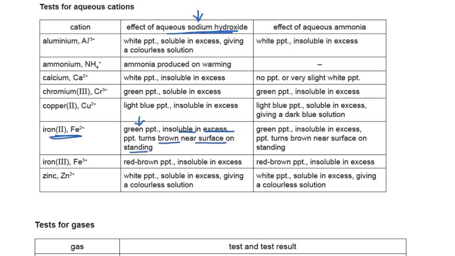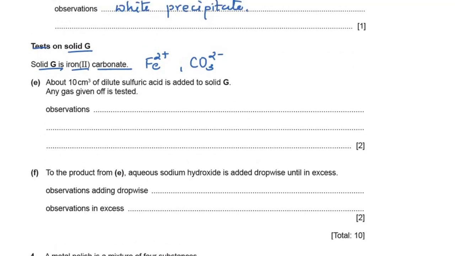And if we add aqueous ammonia to Fe2+, again we get a green precipitate which is insoluble in excess ammonia solution and again turns brown near the surface on standing. So the test for Fe2+ is the same for both aqueous sodium hydroxide and aqueous ammonia. Let's go ahead and check what the test on G is.